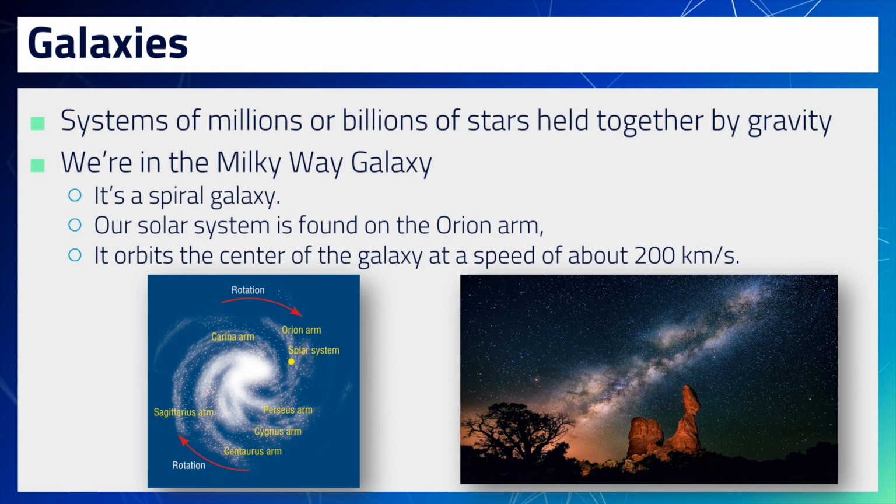Specifically, our solar system is found in what's called the Orion Arm, and we're orbiting the center of this galaxy, which we think might have a black hole at the very center causing us to orbit. We're orbiting the center of the galaxy at about 200 kilometers per second, so it's quite quick. So galaxies are all these different stars and solar systems rotating around a center point.